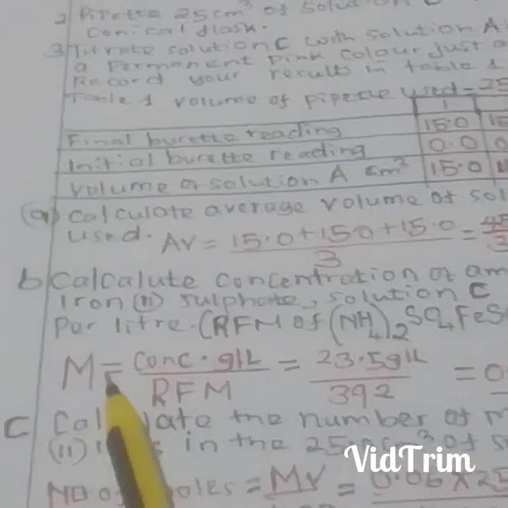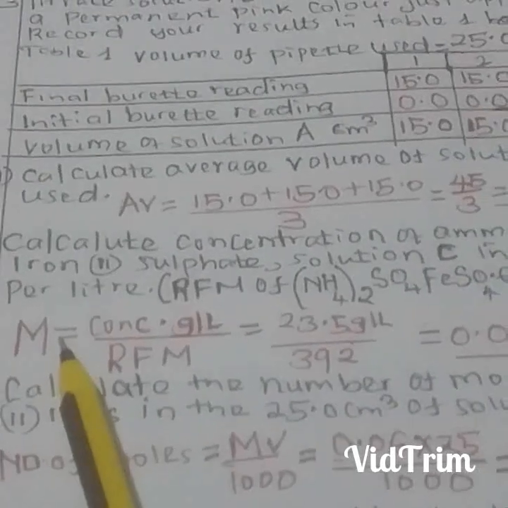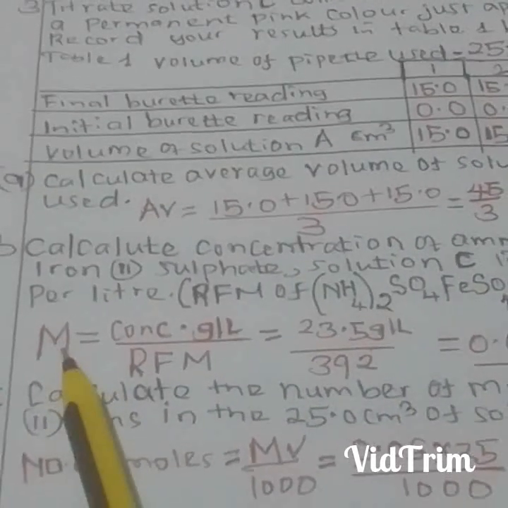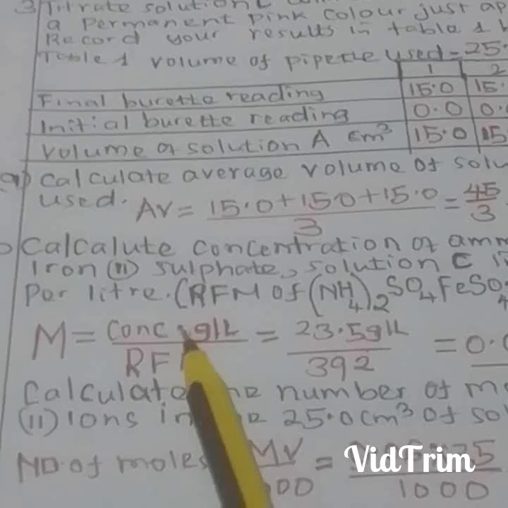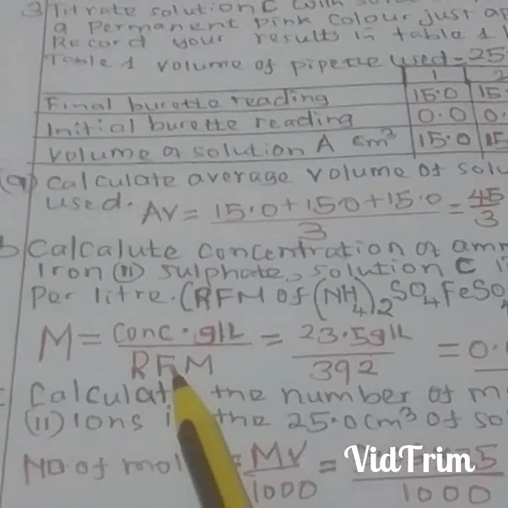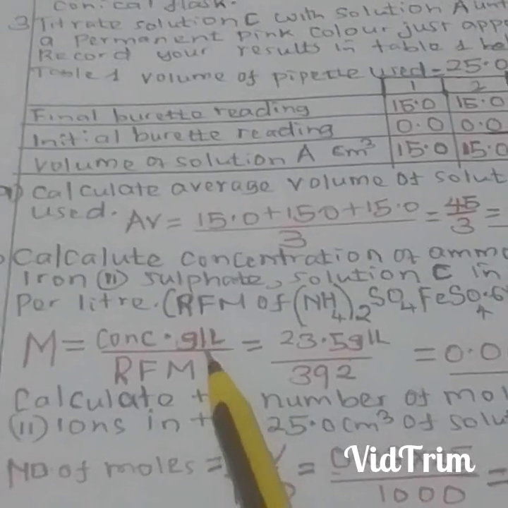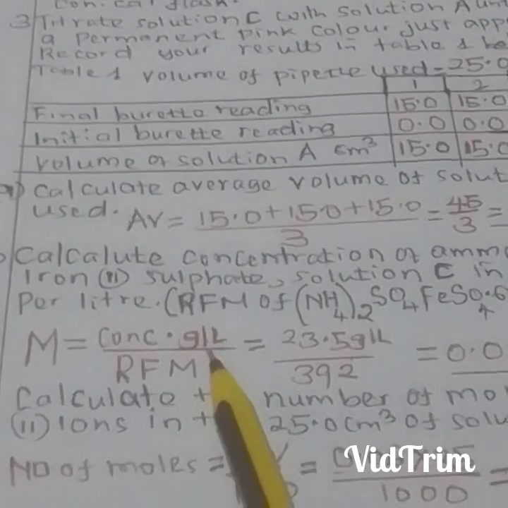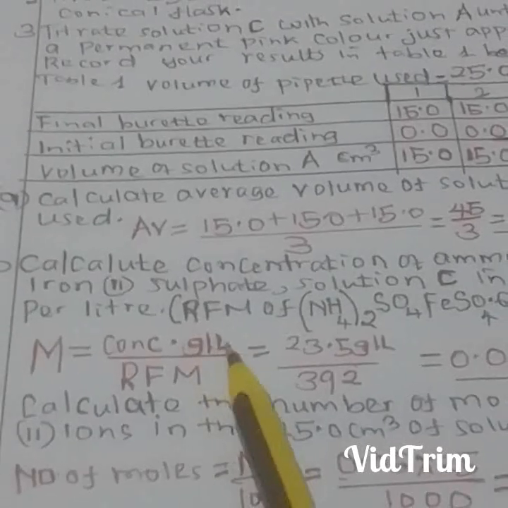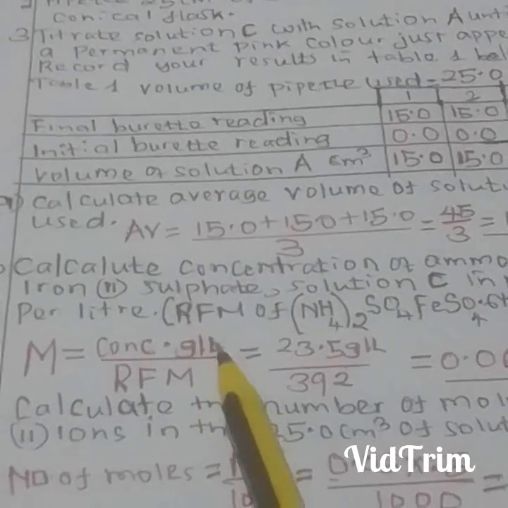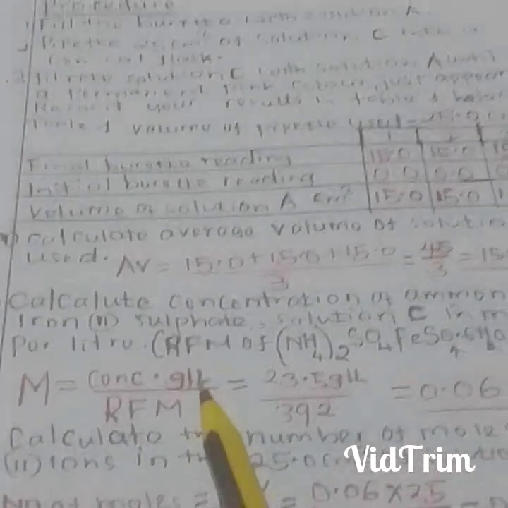But remember, there is a formula. Molarity is equal to concentration in grams per liter all over RFM. Isn't it, my student? But do we know the concentration in grams per liter of the iron 2 salt? Yes, of course.